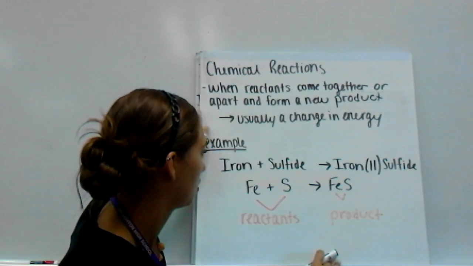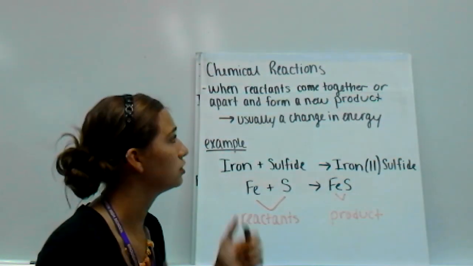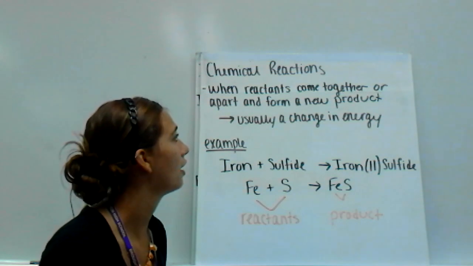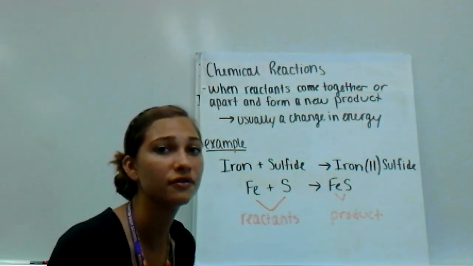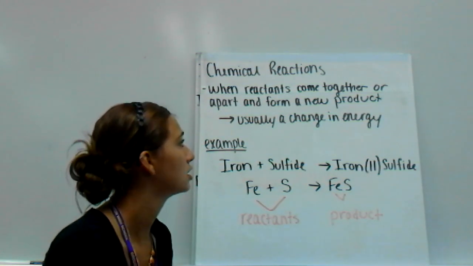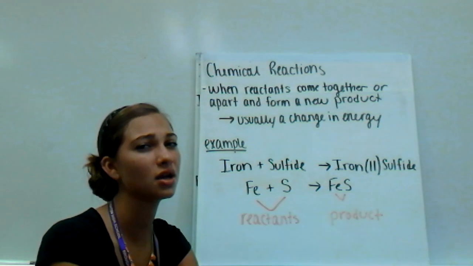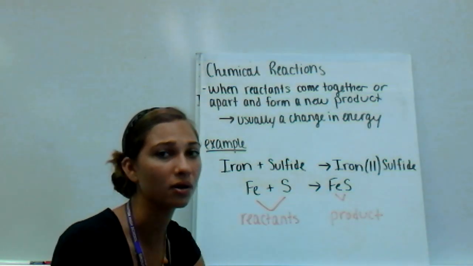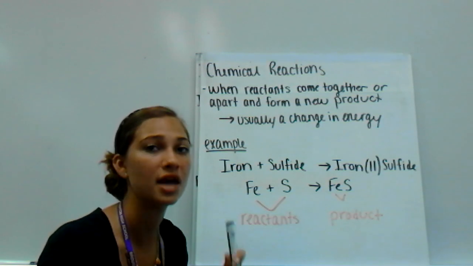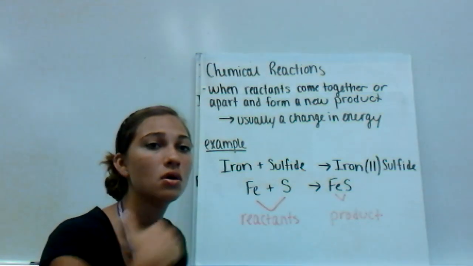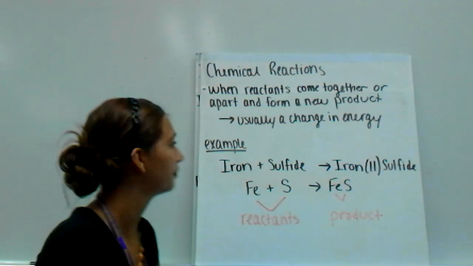Okay. Let's talk a little bit about chemical reactions. When 2 reactants come together or apart, they form a new product. This usually happens with a change of energy. We're going to talk about energy later on in the course, but just know that when a chemical reaction does occur, usually energy is either absorbed or emitted, and we will just take it from there for now.